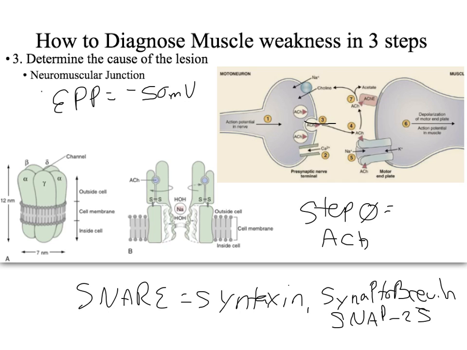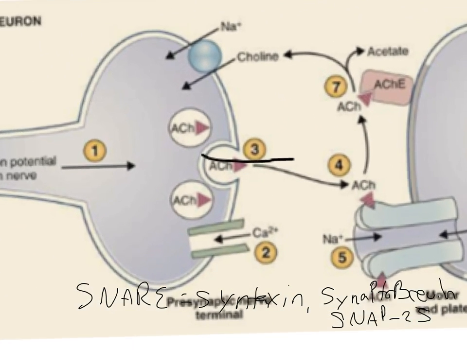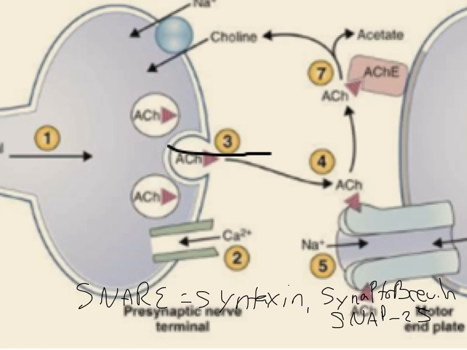Since I brought up the end plate potential, or EPP, it's important now to bring up something called the miniature end plate potential, or MEPP. The miniature end plate potential is something that happens whenever a single vesicle of acetylcholine is released.